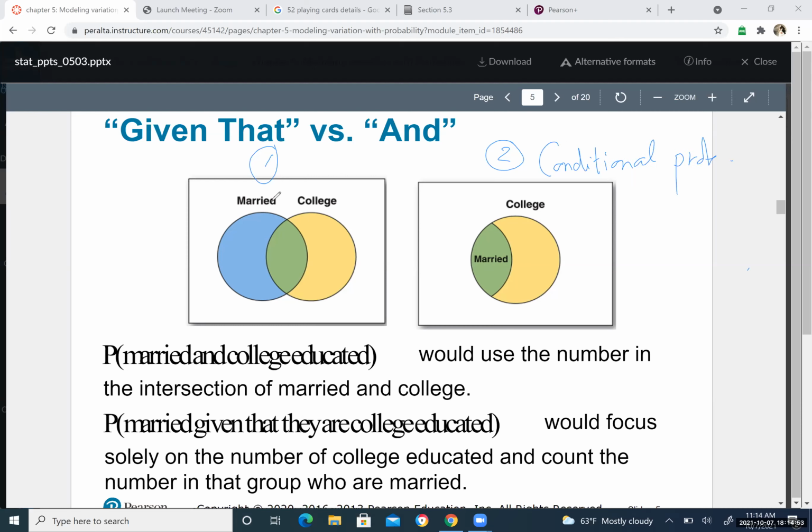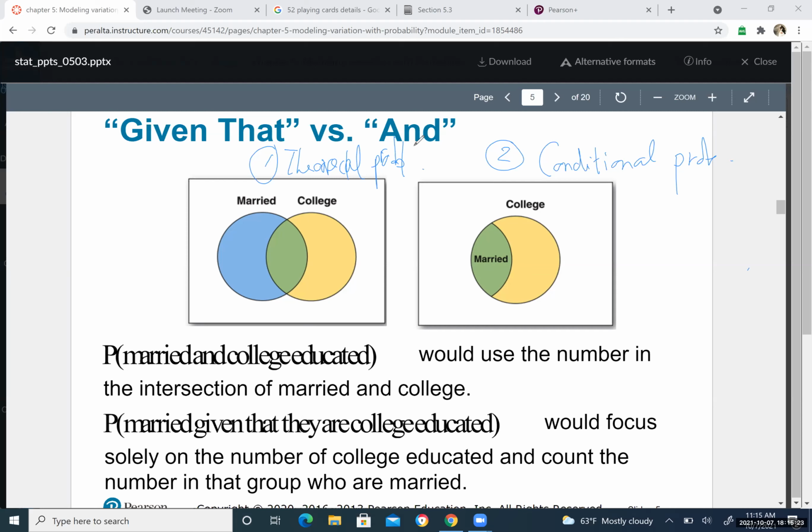And this picture is about the probability that we did talk about in 5.1, which is theoretical probability, right? Okay, so we got these two pictures.